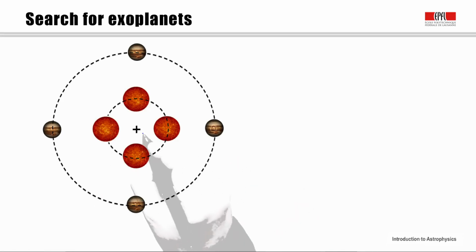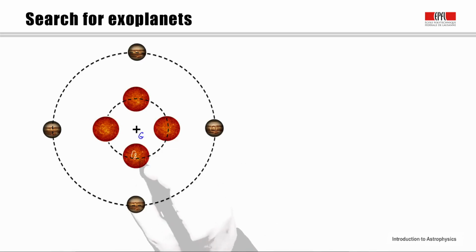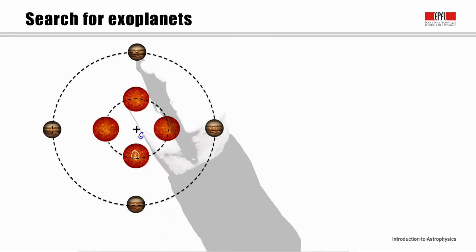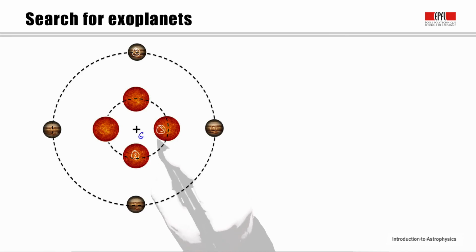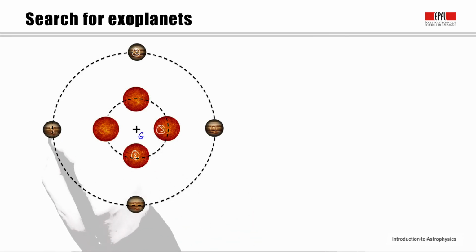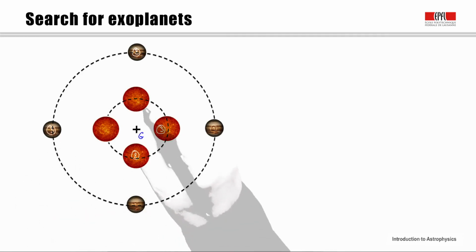In this place, we mark the center of gravity of those two objects. Here, position 2 of the star and the corresponding position of the planet. At position 3 the planet is here, while for position 4, here.